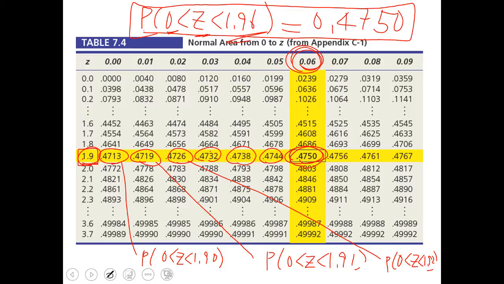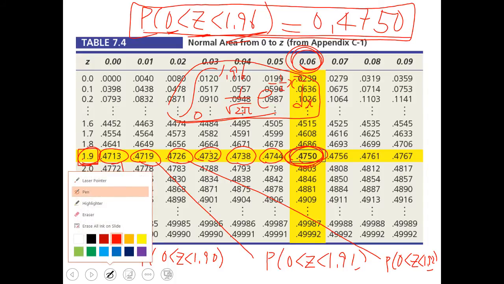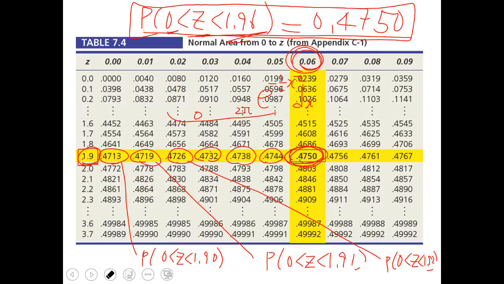So this probability is calculated by the integral from 0 to 1.96 of 1 over square root of 2 pi e to the minus 1 over 2 x squared dx. We have to calculate this complex integral. Instead of calculating this complex integral, we just use this table, then we obtain this probability. This integral calculation is so difficult, so that is not your job.